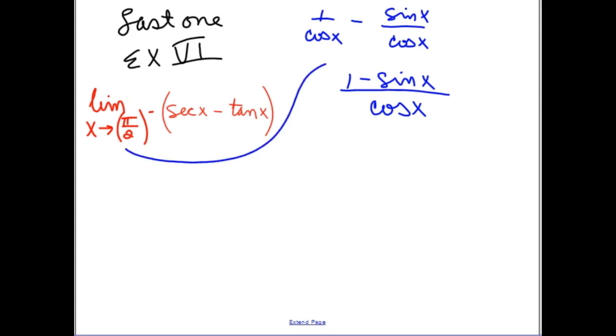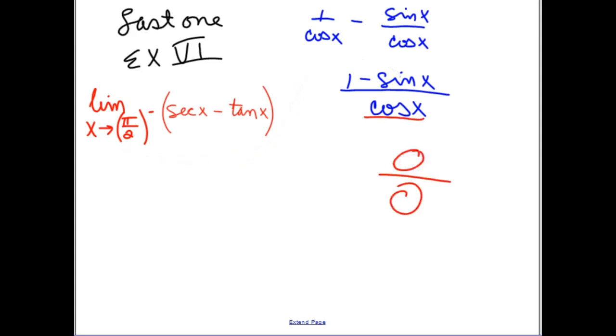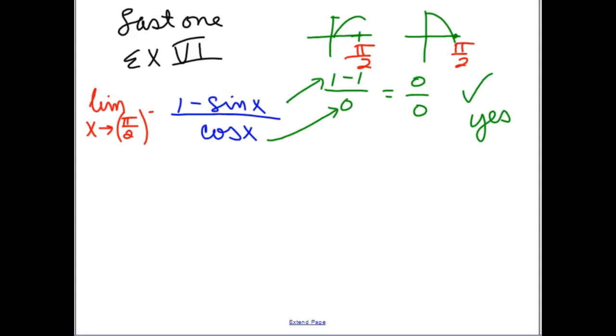So when I plug pi over 2 into that, I get 1 minus 1 or 0. And then when I plug in pi over 2 for cosine, cosine of pi over 2 is also 0. So this is 0 over 0. So L'Hopital's applies. And you need to verify that first. So it's not an obvious problem that you should do that.